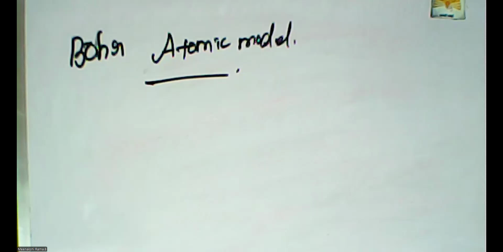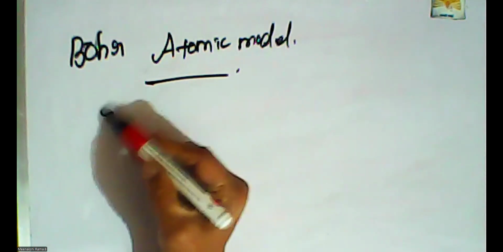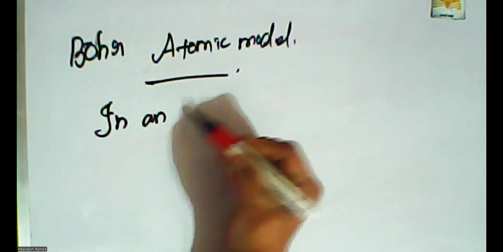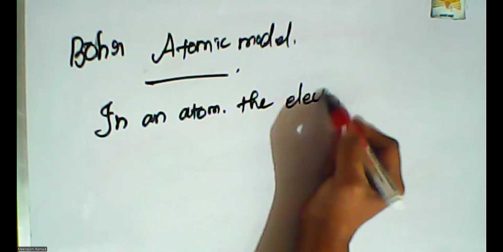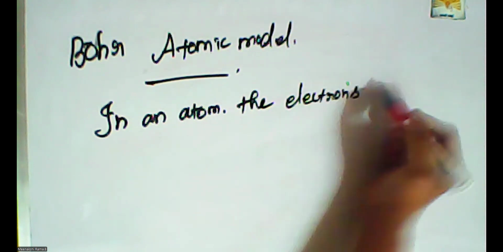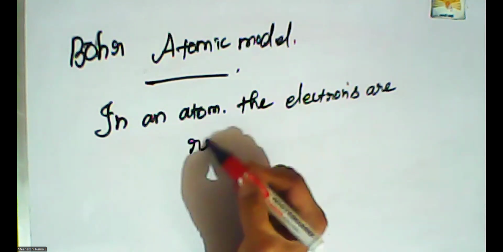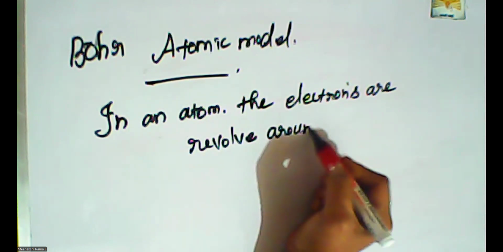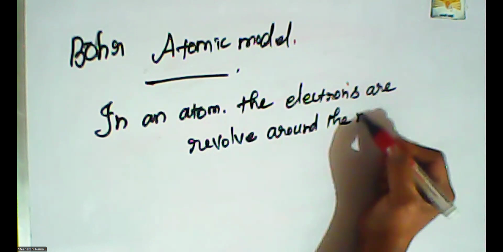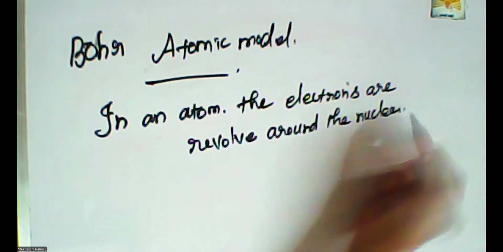The main postulates of Bohr's atomic model: in an atom, the electrons revolve around the nucleus. This is the first point of Bohr's atomic model.